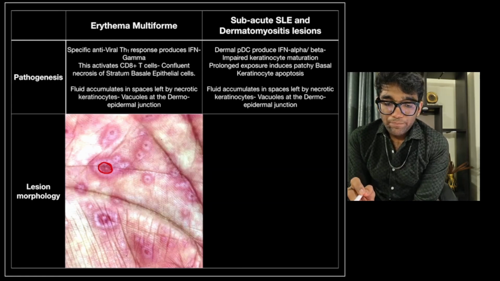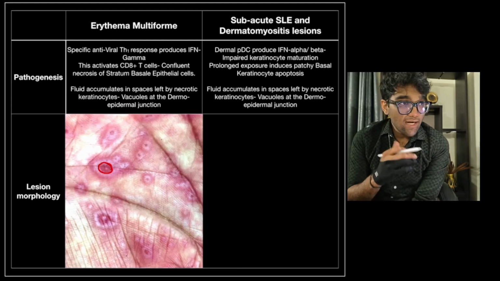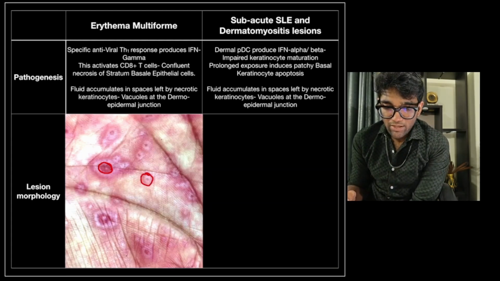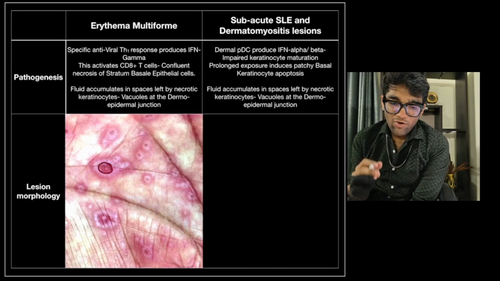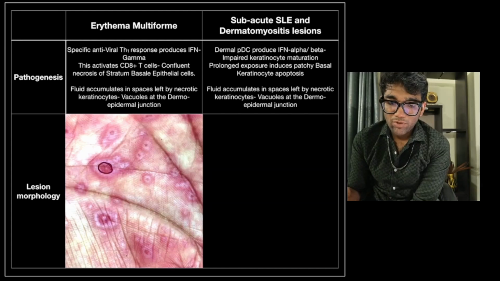So that is why we get that typical targetoid appearance. That is your targetoid appearance of erythema multiforme. It need not always be so obvious, but this is what erythema multiforme looks like.